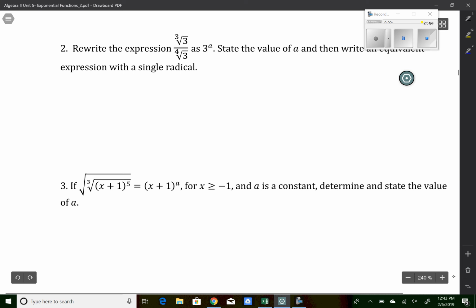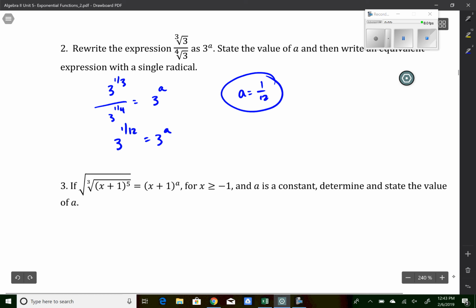So we have 3 to the 1/3 power divided by 3 to the 1/4 power, all equal 3 to the a. Division means subtract the exponents, so I want to have 3 to the 1/12 equals 3 to the a, or a is 1/12. Right, in radical form, this would be the 12th root of 3.